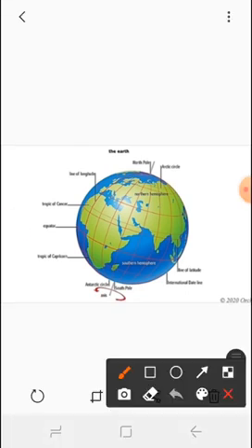Now you can see that in each hemisphere, this is the northern hemisphere and this is the southern hemisphere, right? So in each hemisphere you can see the lines parallel to the equator.